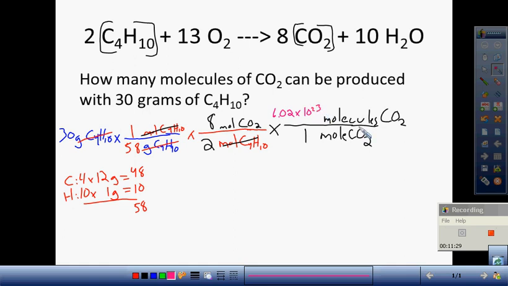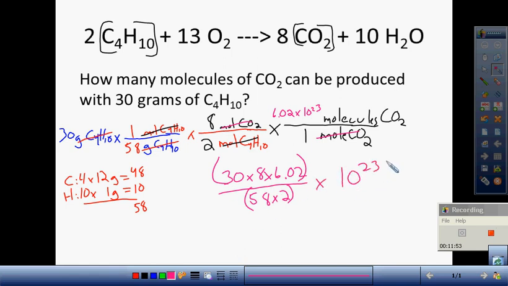There's a lot of things in 1 mole, so that's when I use that. Alright, and again on my calculator, I'm just going to take all my numbers and use parentheses on my calculator. Put all that in your calculator, and whatever you get, just tack on your 10 to the 23rd.